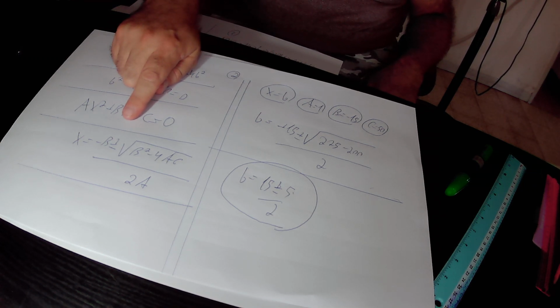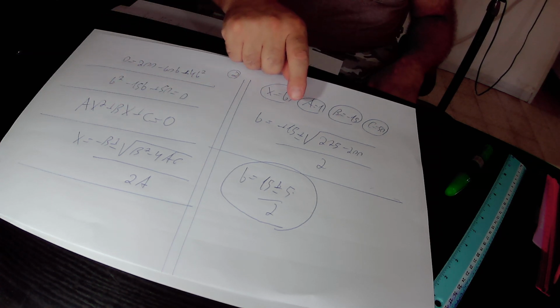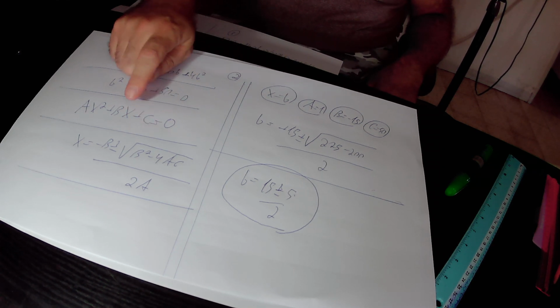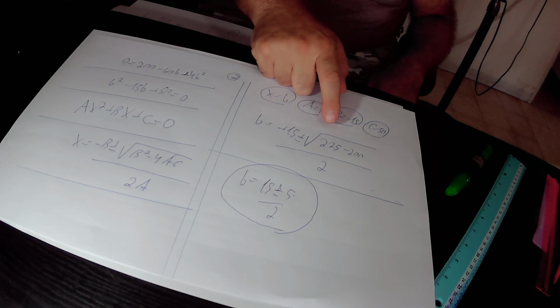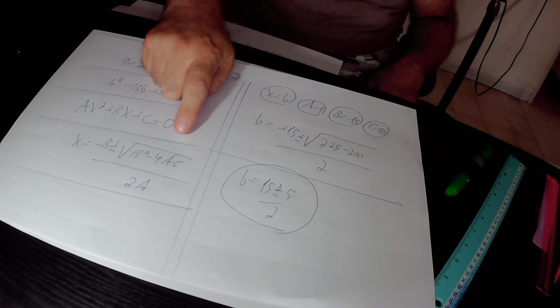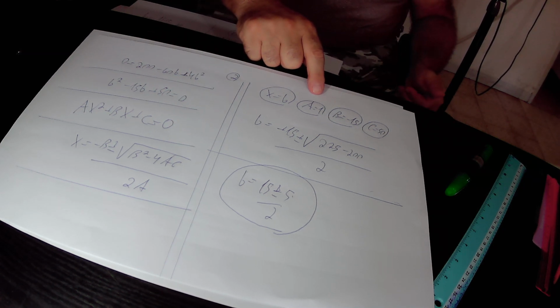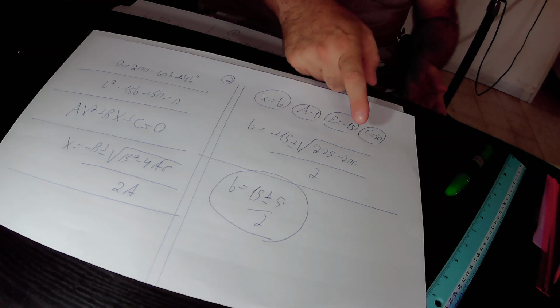Minus b, where b is minus 15, so minus b is plus 15, plus or minus the square root of b squared. b is minus 15, therefore b squared is 225, minus 4 times a times c. a is 1, so minus 4 times 1 is minus 4, times c, which is 50, gives minus 200.